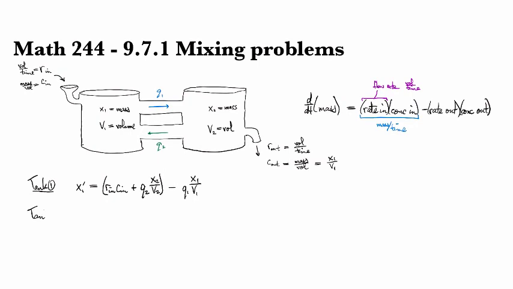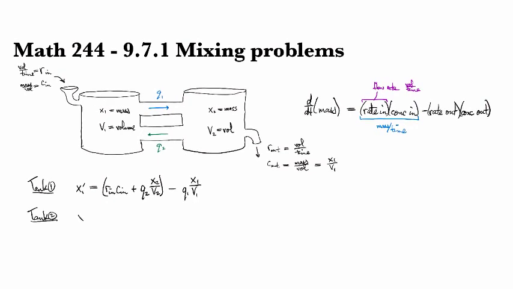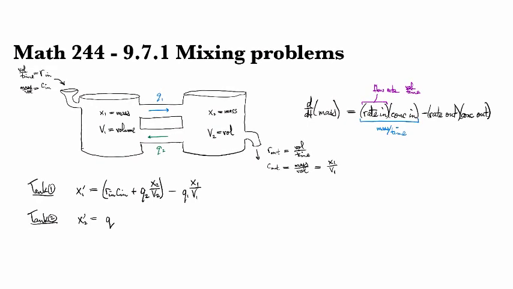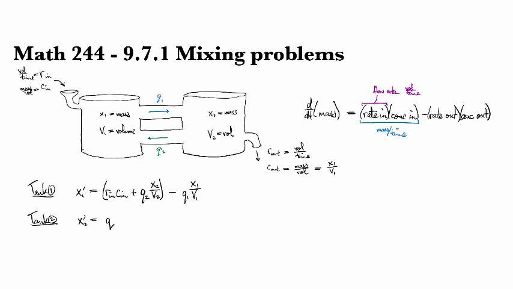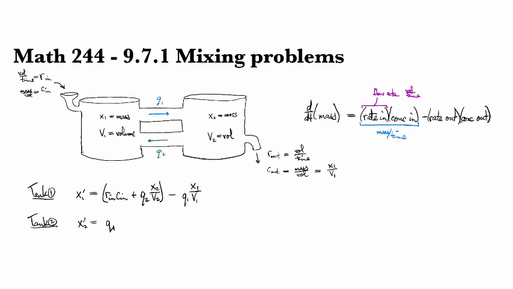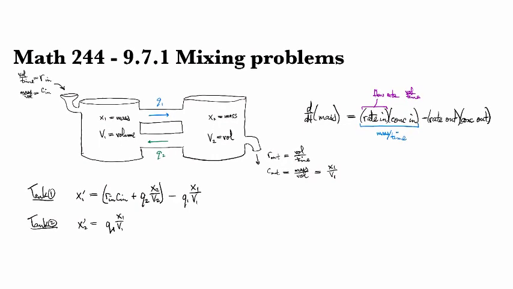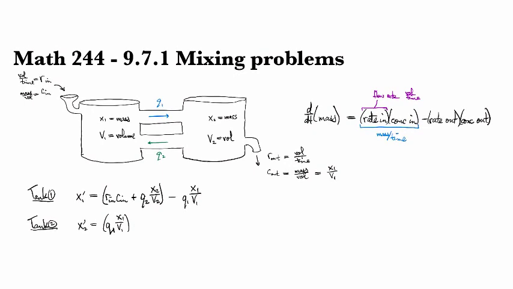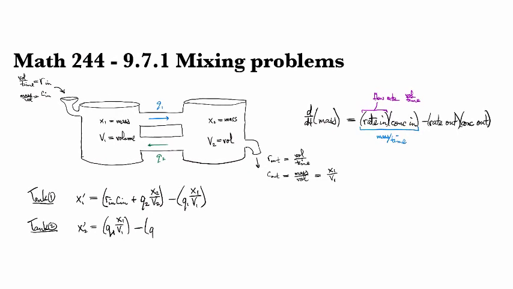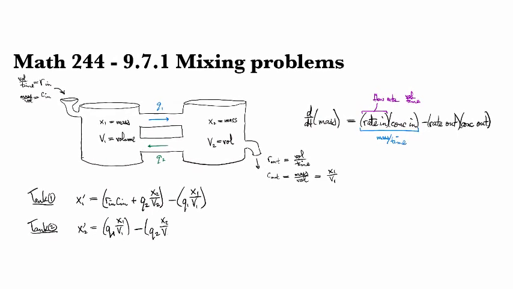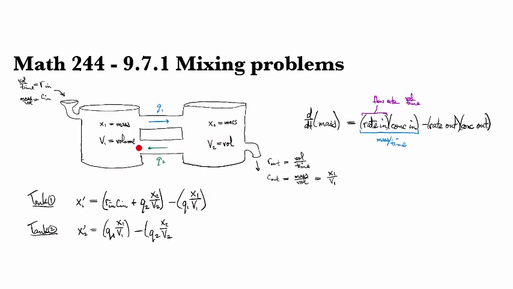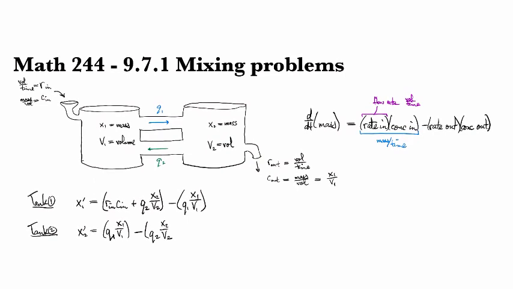Now we set up what's going on in tank 2, and here we have X2 prime. The incoming is what's coming in right here, so that's Q1 times the incoming concentration, and then minus, I'll put these in parentheses so it jumps out what's what, we subtract Q2 times X2 over V2 from what's going out this way, but there's also what's going out this way.